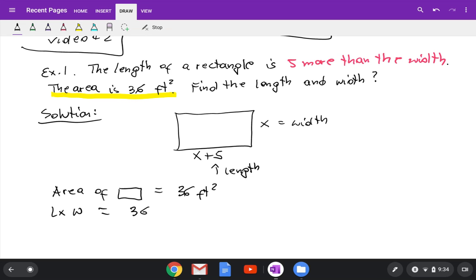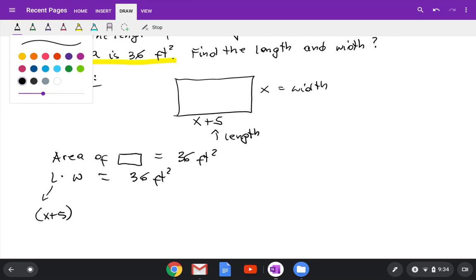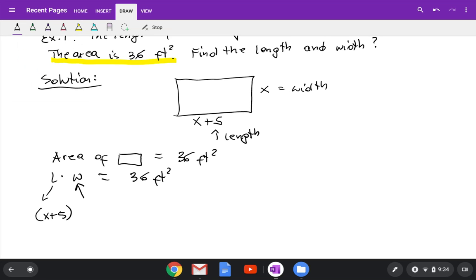It's equal to 36 square feet. In our case, length is just x plus 5 times width, which is x, equal 36. So you need to solve this equation.